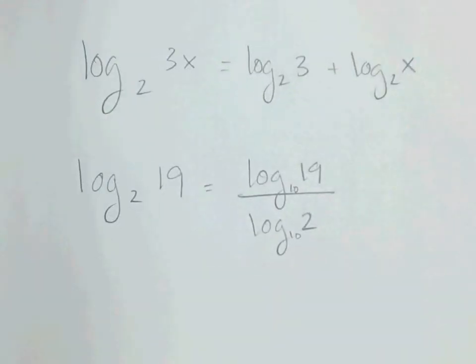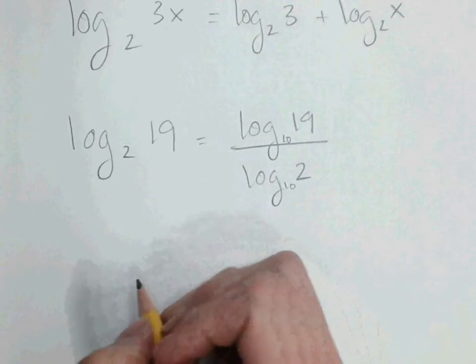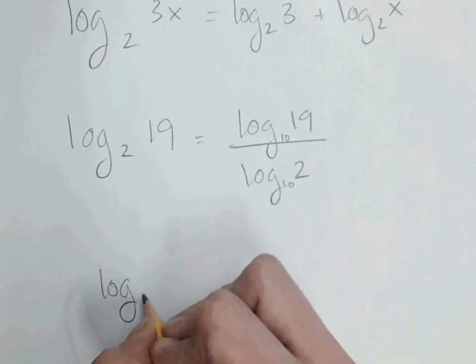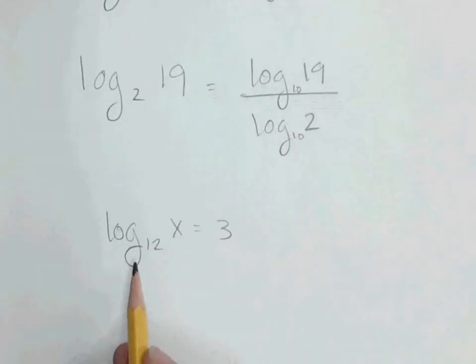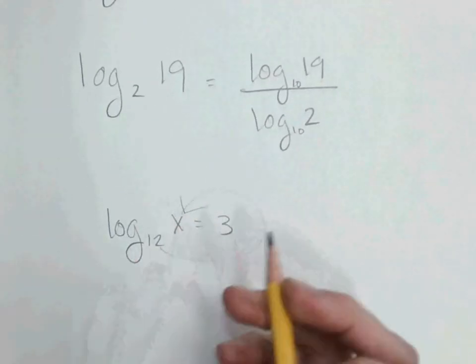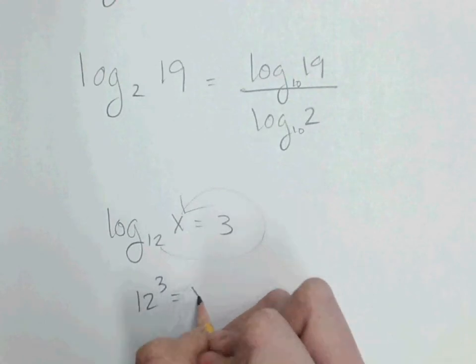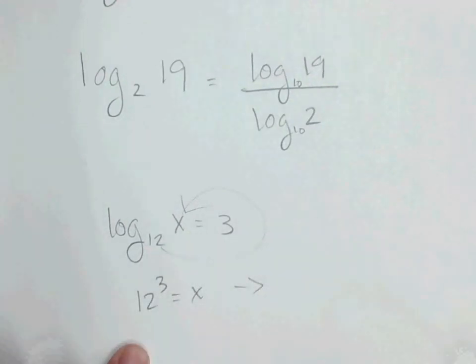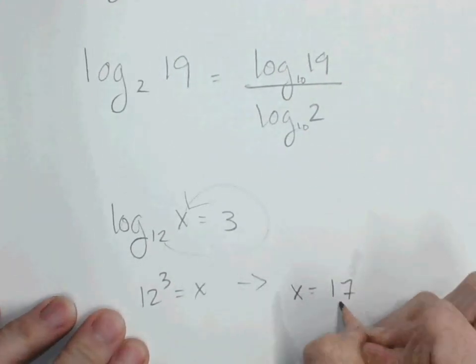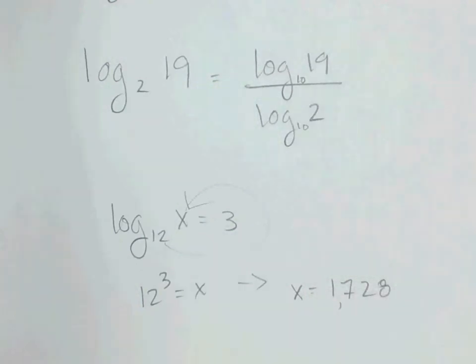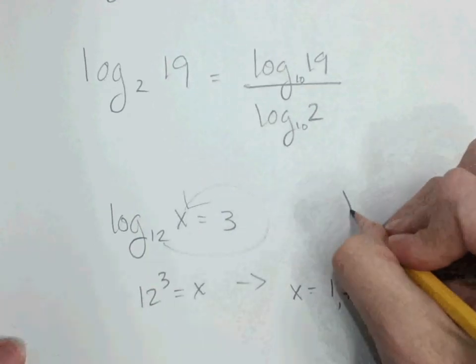So instead of taking something like log base 12 of x equals 3 and just getting it into this form, getting that x out of there, so 12 cubed equals x, well, I know what 12 cubed is. Well, I don't, but I will in a minute. So then x is equal to 1,728, right? So you're going to be using those properties to help you solve if you end up with yucky ones, right? Remember, this is section 10.5.